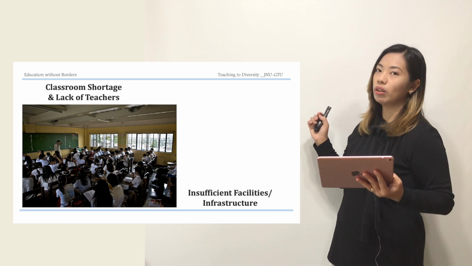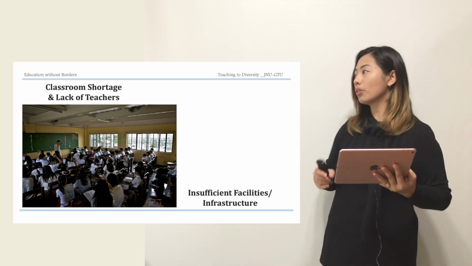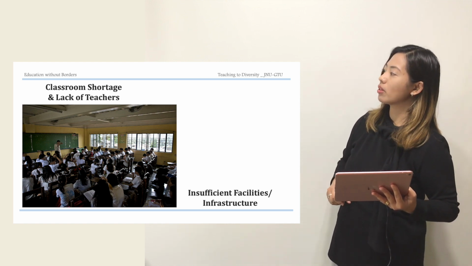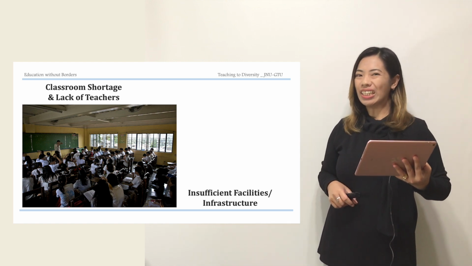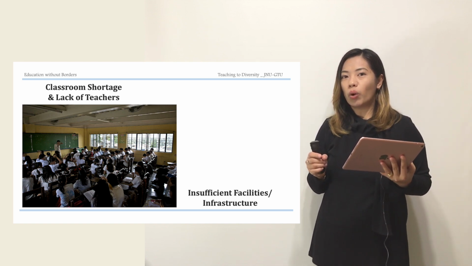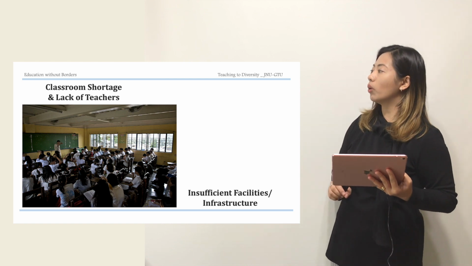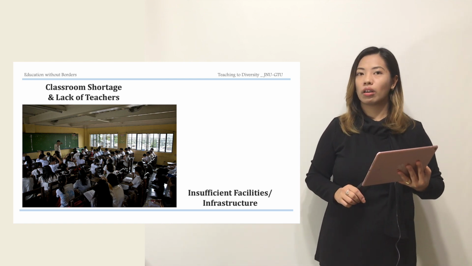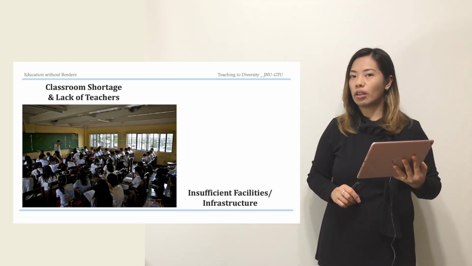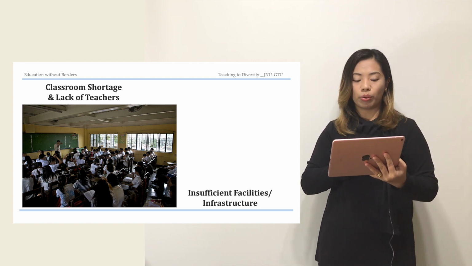Can you see this one? Because of classroom shortage and lack of teachers, look what happens. It's kind of like sardines put in one can. You can see many students there in one classroom, right? They try to study and learn together as much as they can in a very narrow room.